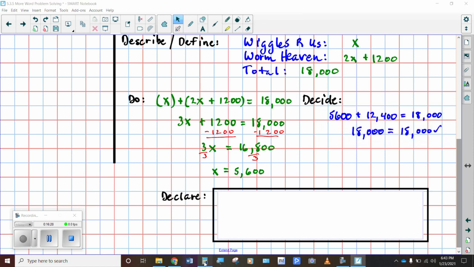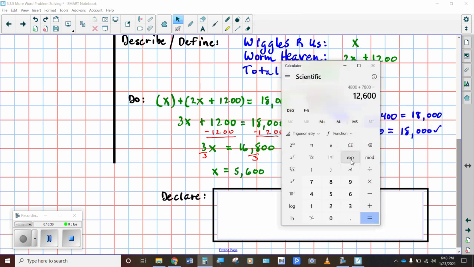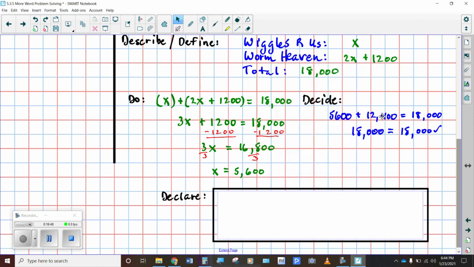I'm going to show you on the calculator. When you take 5,600 and double it, and then add 1,200, you get 12,400. Okay, that's what I got right there.